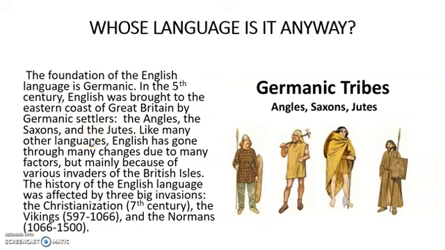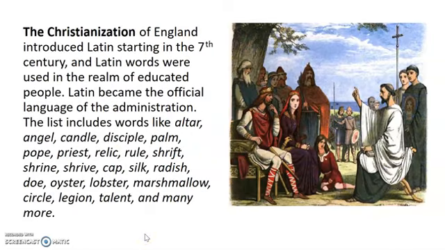Like many other languages, English has gone through many changes due to many factors, but mainly because of various invaders of the British Isles. The history of the English language was affected by 3 big invasions: the Christianization, the Vikings, and the Normans.